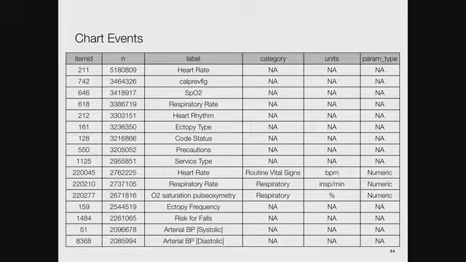Now, you might be troubled by the fact that here's heart rate again, right? But I've already shown you this, that heart rate in CareView and heart rate in MetaVision were coded under different codes in the joint system that we created out of those two databases.